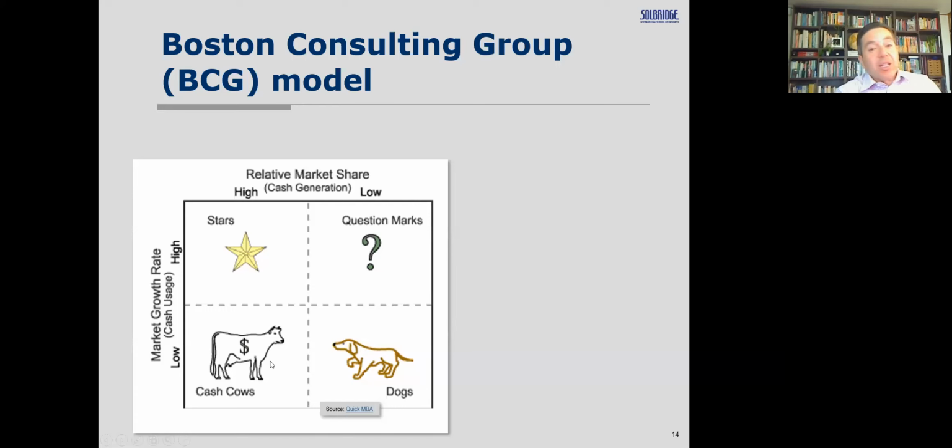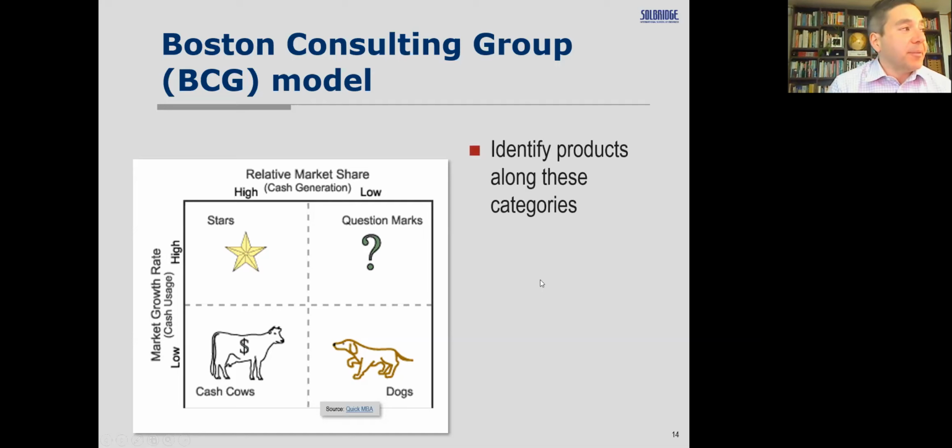So this is actually a good place to be, but can be dangerous over time. And then areas where you have a low market share, but potentially high market growth rate, they call these the question mark category, and could be something to explore, although the upper left-hand corner is the best one as a strategy.